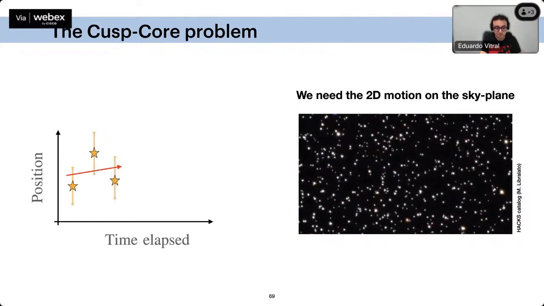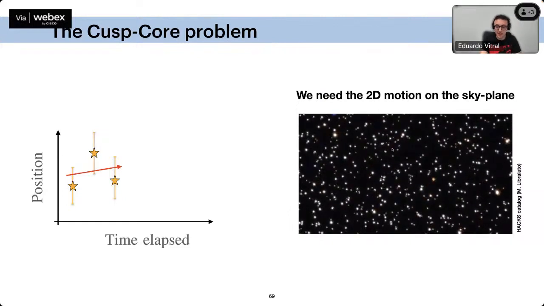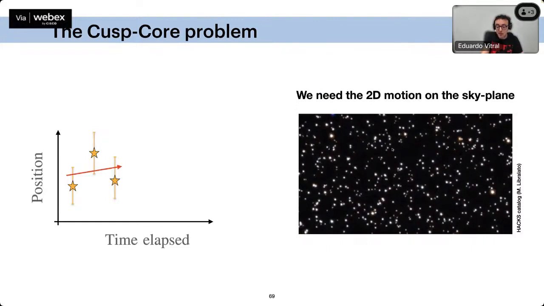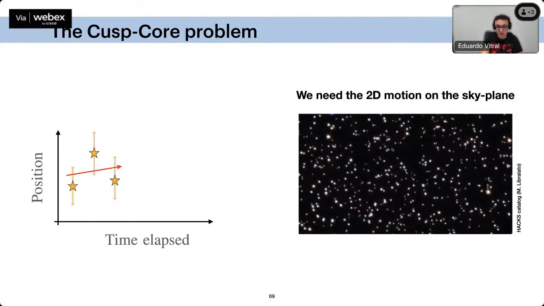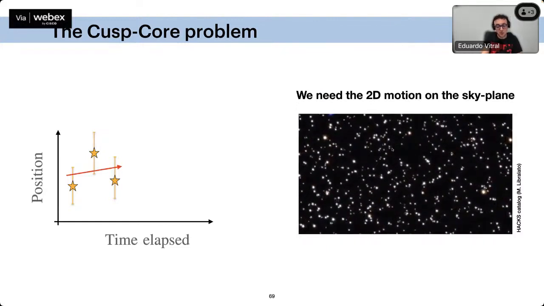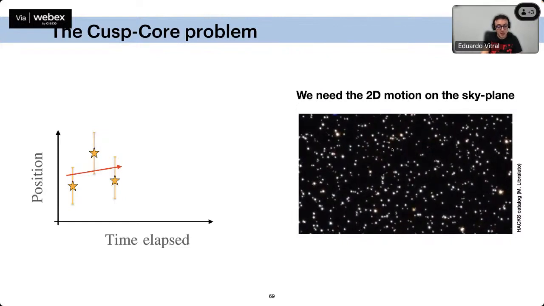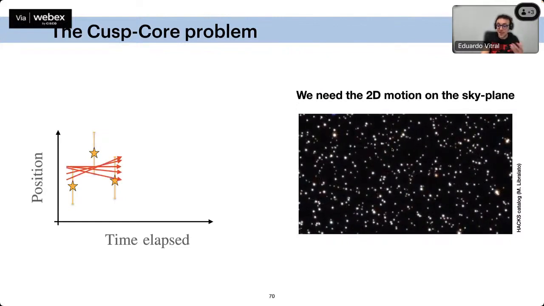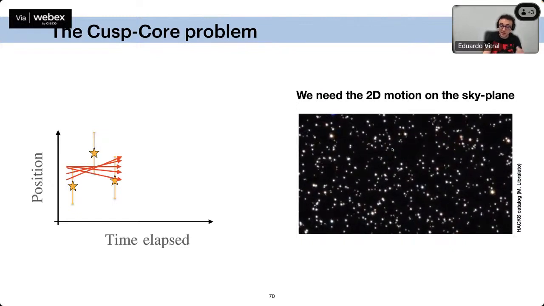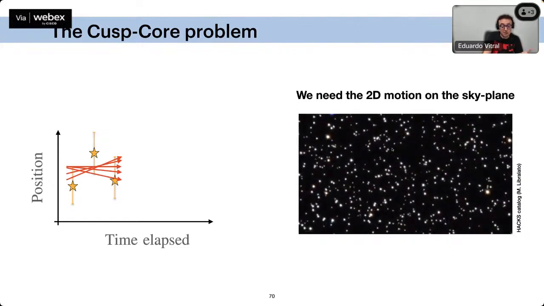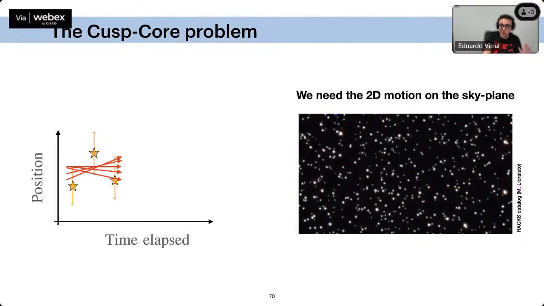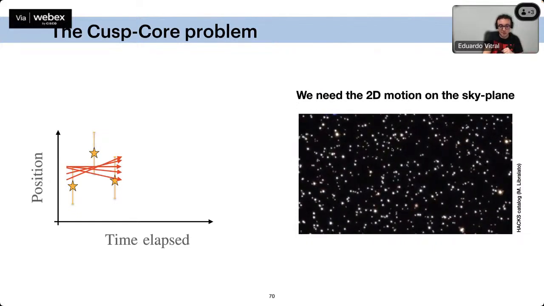Now, the problem with that is that with the accuracy of current telescopes, if you don't wait enough time and you want to observe other galaxies, you just have too many possibilities for the actual motions that you're going to measure. The uncertainties of your data are going to be so huge that you can't really resolve how stars are moving.